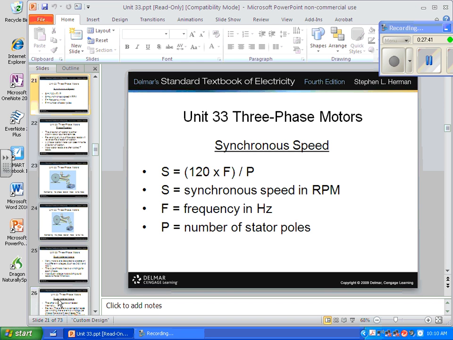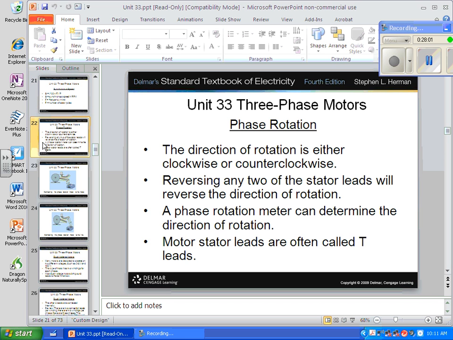So its speed is 120 times the frequency. And here in the United States, that'll always be 7,200 divided by the number of poles. So that makes it a little simpler, right? If we're talking about a European motor, it's going to be 120 times 50 divided by the number of poles. And we're going to do some work with that. You'll see that again soon.